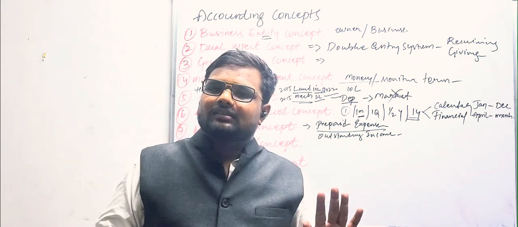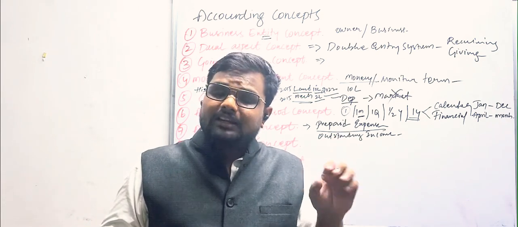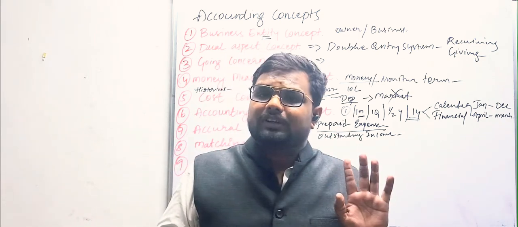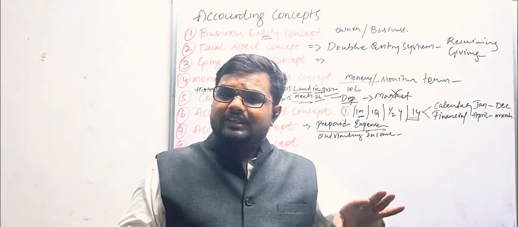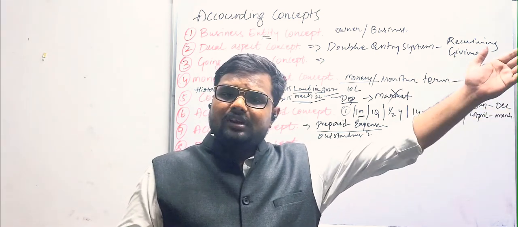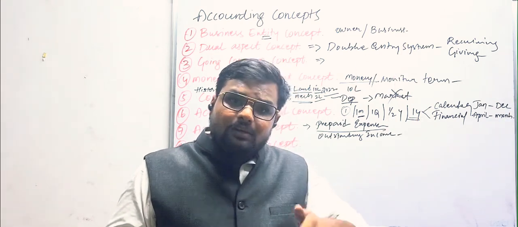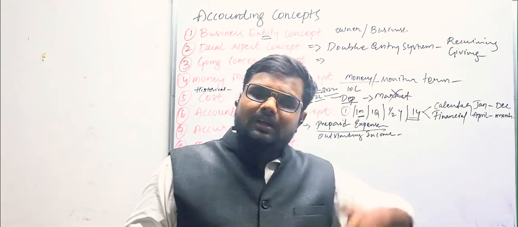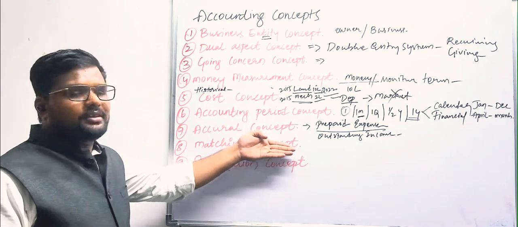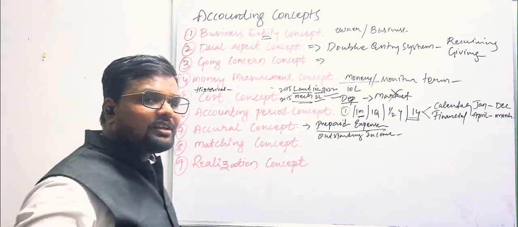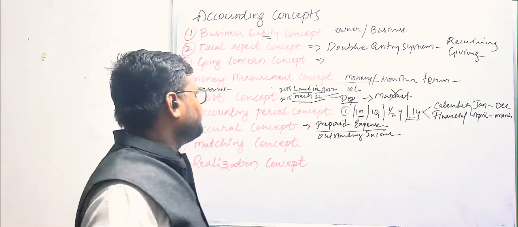You made a credit sale, record that, and it will help you in calculating the profit. If you leave it out and consider it in the next year when he pays, then the profits of this year will go to next year. So to ascertain the correct profits for this year, we need to follow the accrual concept. If it occurs in this financial year, this accounting period, you need to record it.